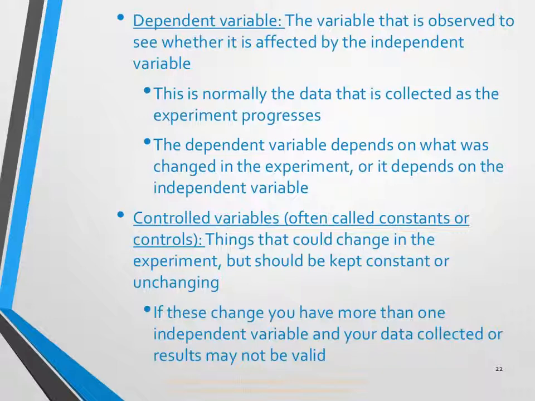We also have other variables that we call control variables or constants. These are things that we could change, but we choose not to. By choosing not to change these things, we're making sure that the results we see are because of the one thing that we are changing. All right, so I'm going to give you a few minutes to write this down.